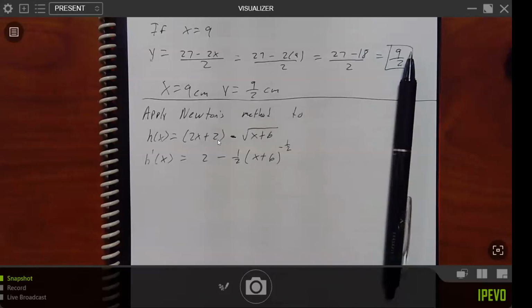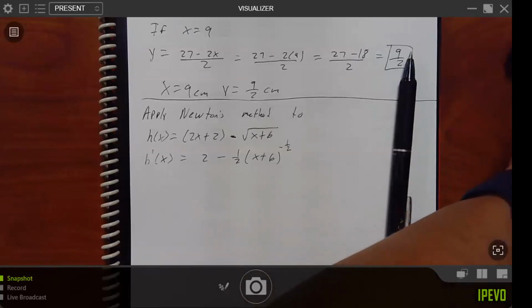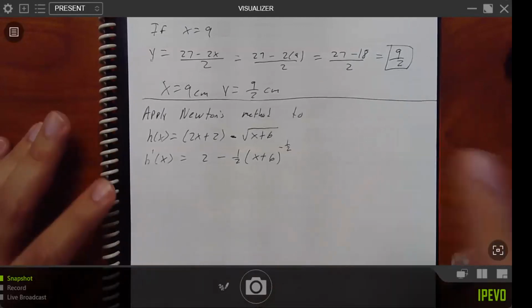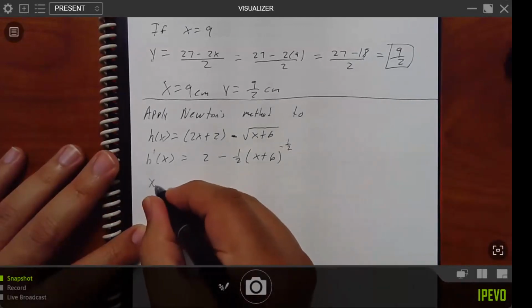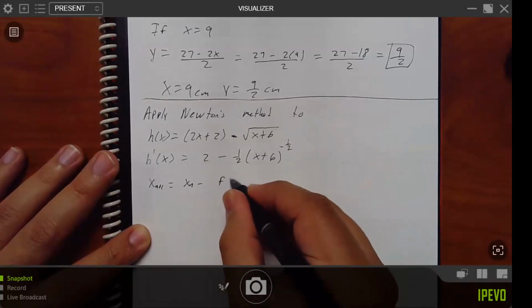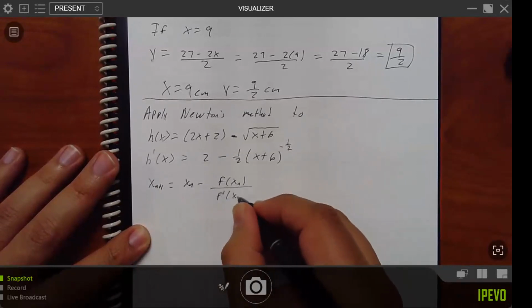So now we need the formula for Newton's method. Let me go look it up real quick. Oh, here it is. Newton's method is x n plus 1 equal to x n minus the function at x n over the derivative at x n.